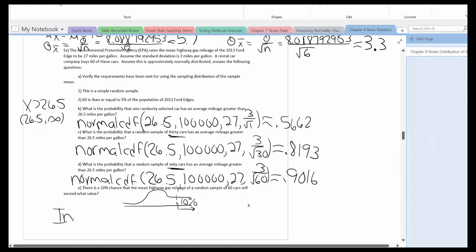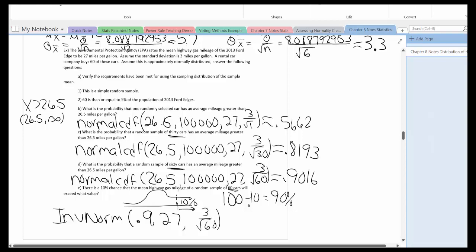But inverse norm only goes to the left-hand side. So I'll take 100% minus 10%, and that's going to be 90%. So it's going to be inverse norm of 0.9, the mean, which is still 27, and the standard deviation, that's 3 divided by the square root of 60.